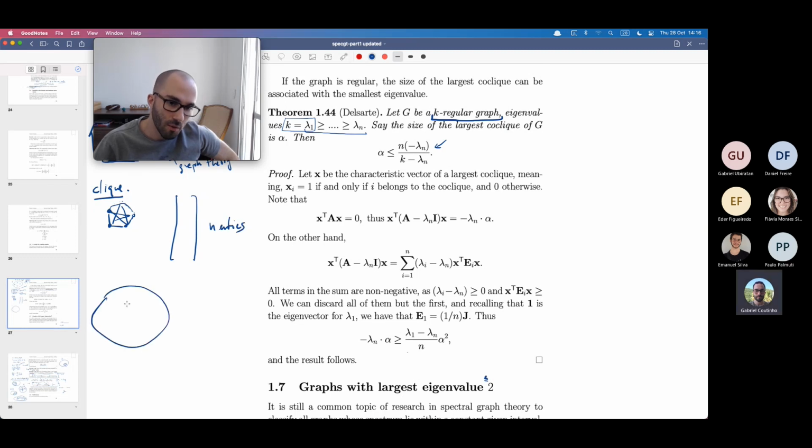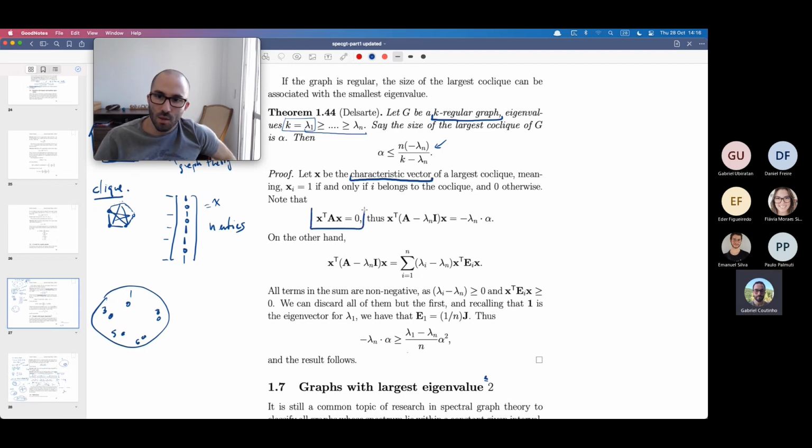And if this is my graph and the largest co-clique has vertices 1, 3, 5, 6, and 8, I'm going to come here and put 1, 0, 1, 0, 1, 1, 0, 1. So I'm putting ones in the entries corresponding to the vertices in the co-clique and zeros everywhere else. Okay, so this is the vector X. And when I do this, I typically use this name, the characteristic vector of the subset.